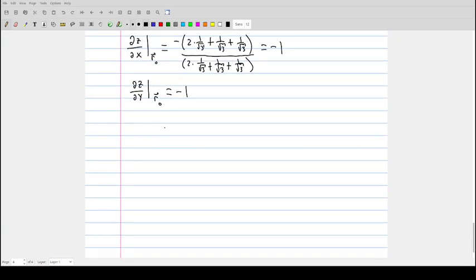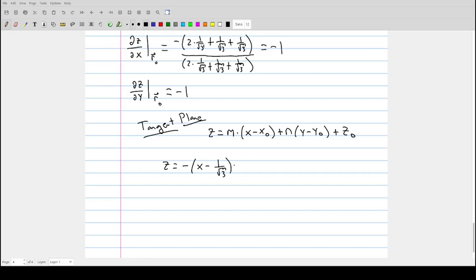Which means that the equation of the tangent plane, remember from the lecture on linearization and the tangent plane, is z equals m times x minus x naught plus n times y minus y naught plus z naught, or z is equal to negative x minus 1 over the square root of 3 minus y minus 1 over the square root of 3 plus z naught, which is 1 over the square root of 3.